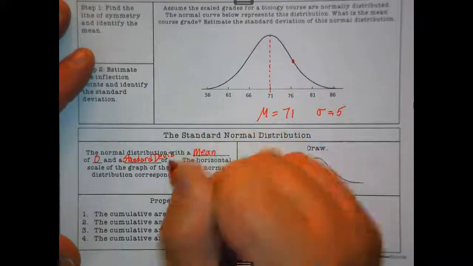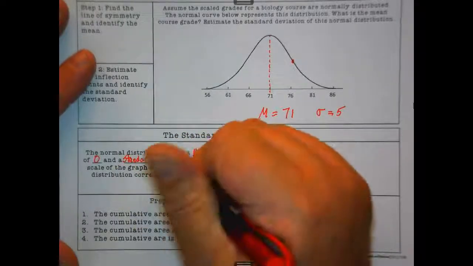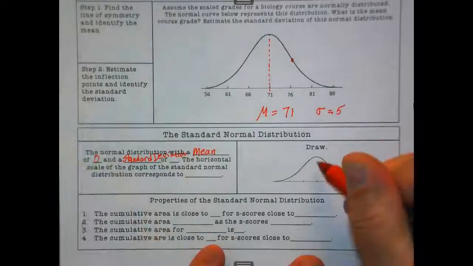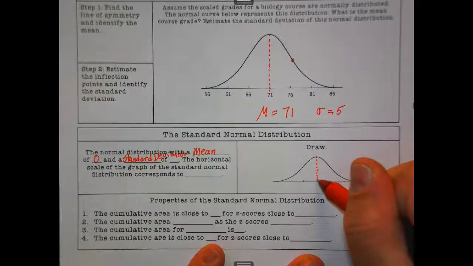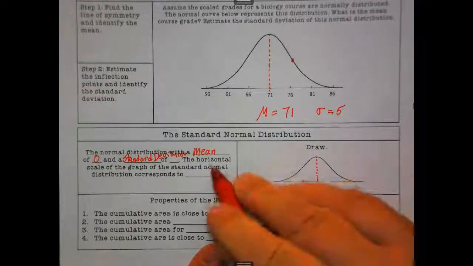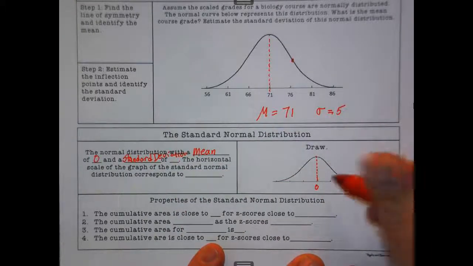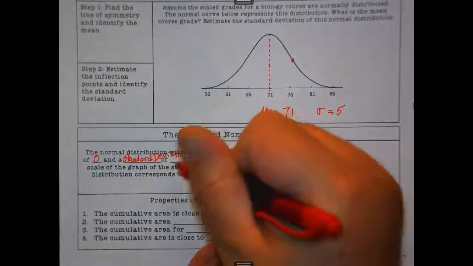What do you think the standard deviation is going to be? Okay, if I have this normal here and say my mean is 0, yeah, it's going to be 1. So it has a standard deviation of 1.